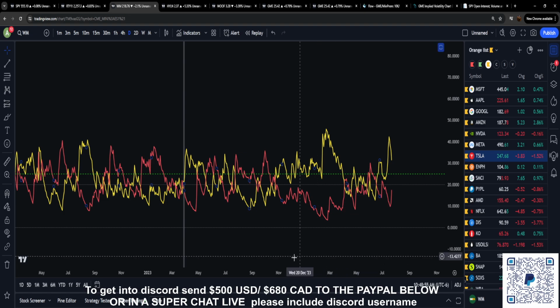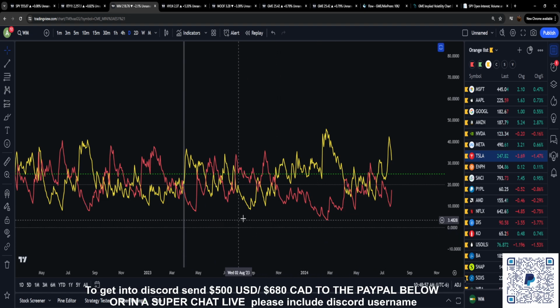Now, the DMIs are calculated via price. These DMIs are calculated via price moving up and down. And it's a very complex calculation, so I don't want you guys to get caught up in the calculation.